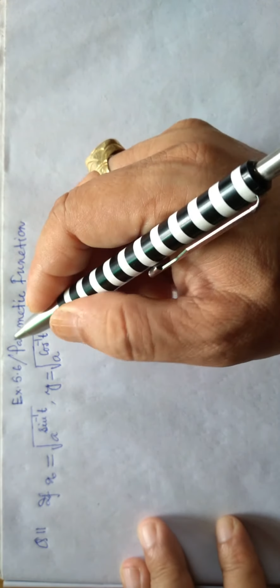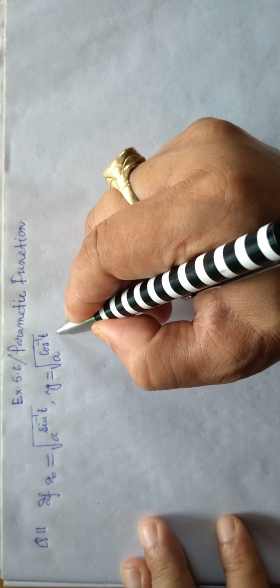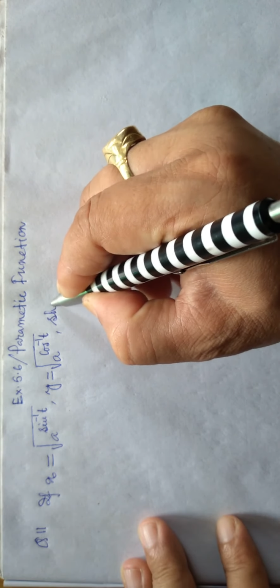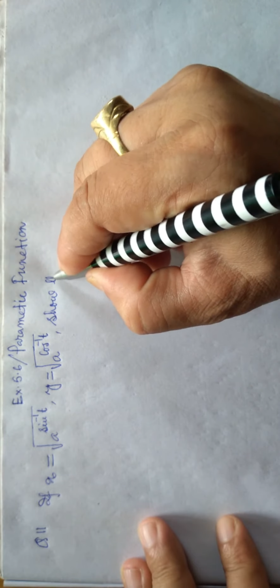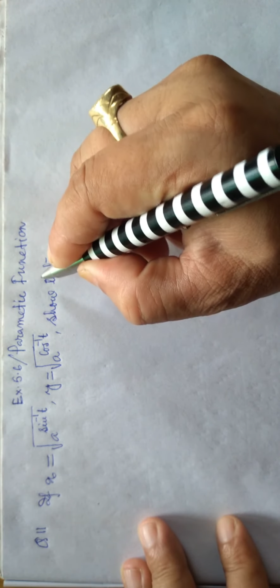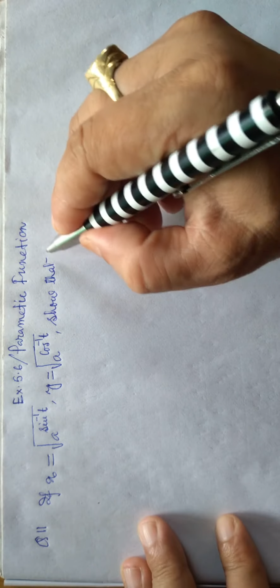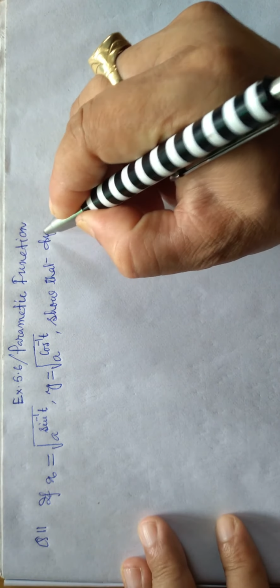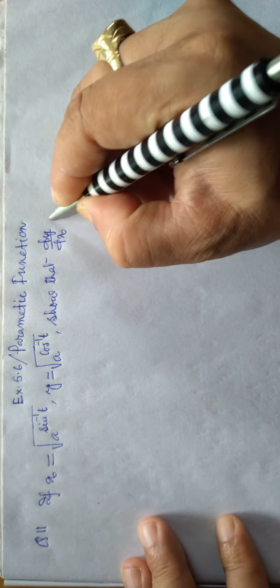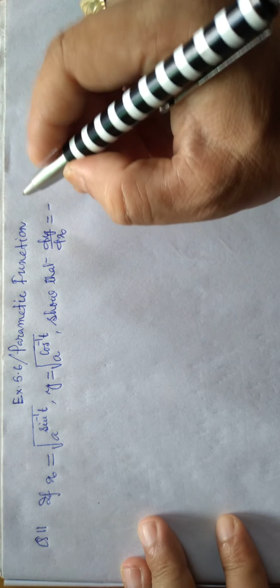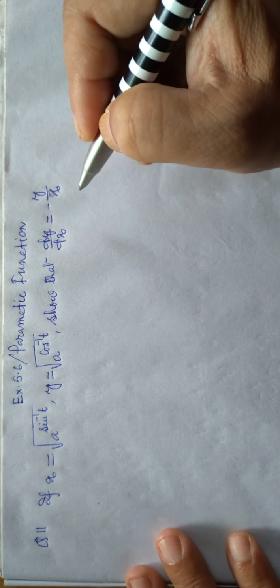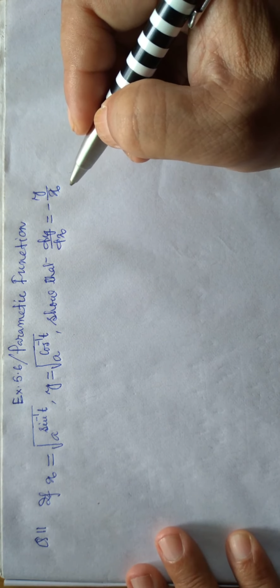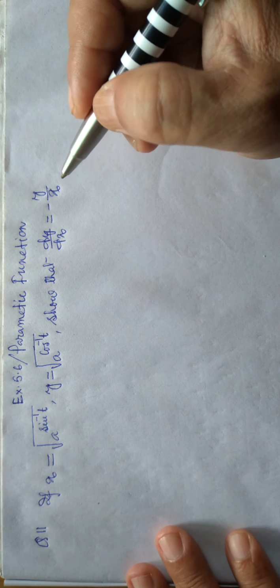Okay, that is the thing, and what we are going to show is, after finding dy by dx, it will be minus y by x, right? This is the thing that we are going to show and prove.